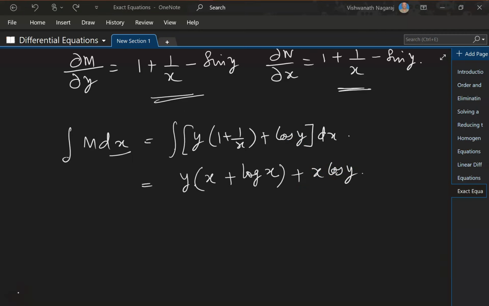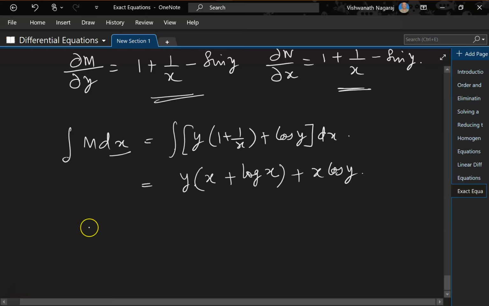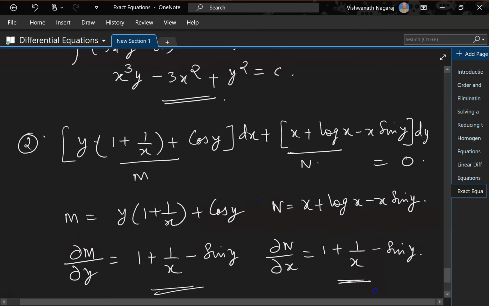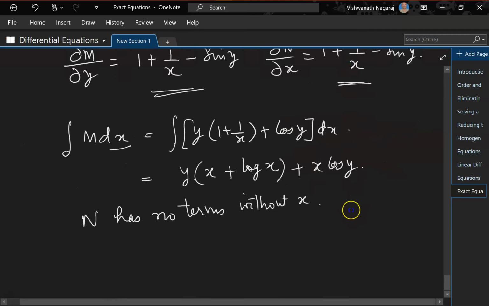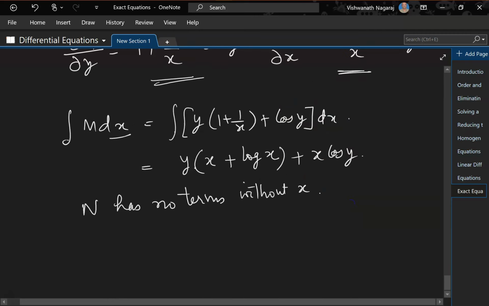Now the other part is N, but N has no terms without x. Look at N, this term has x, this term has x, this term also has x. So since there are no terms without x, we can ignore it.